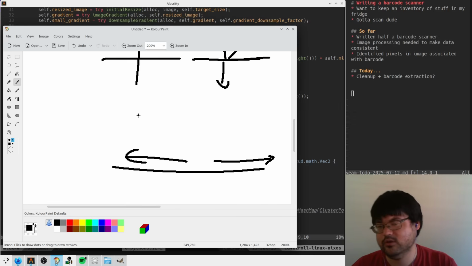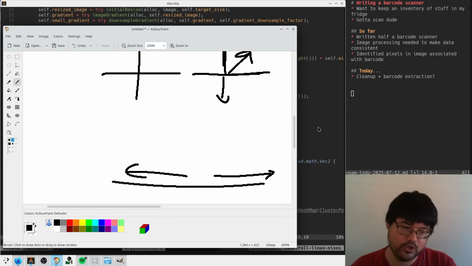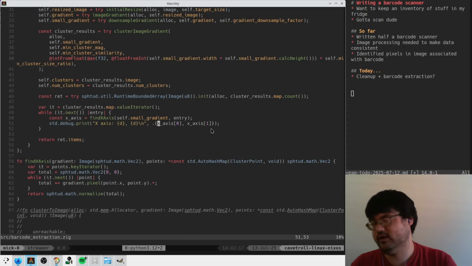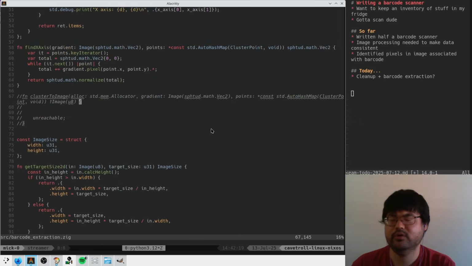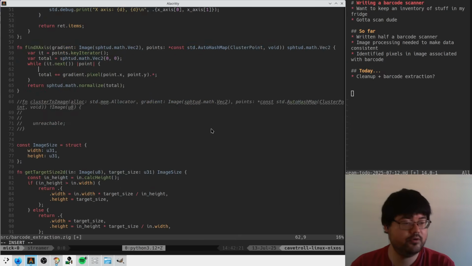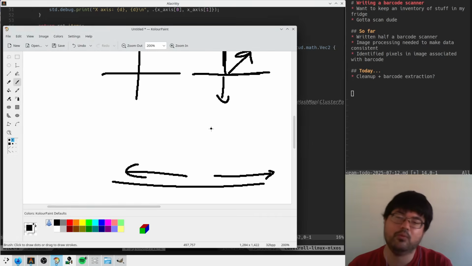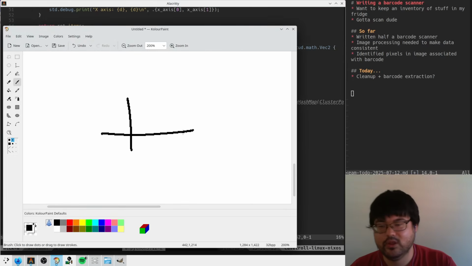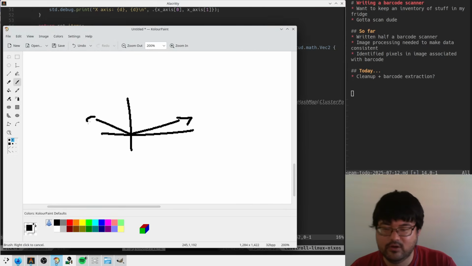So yeah, I think you just dot product with the total and flip. Mod 180? No, I think mod 180 doesn't work because this case is correct.